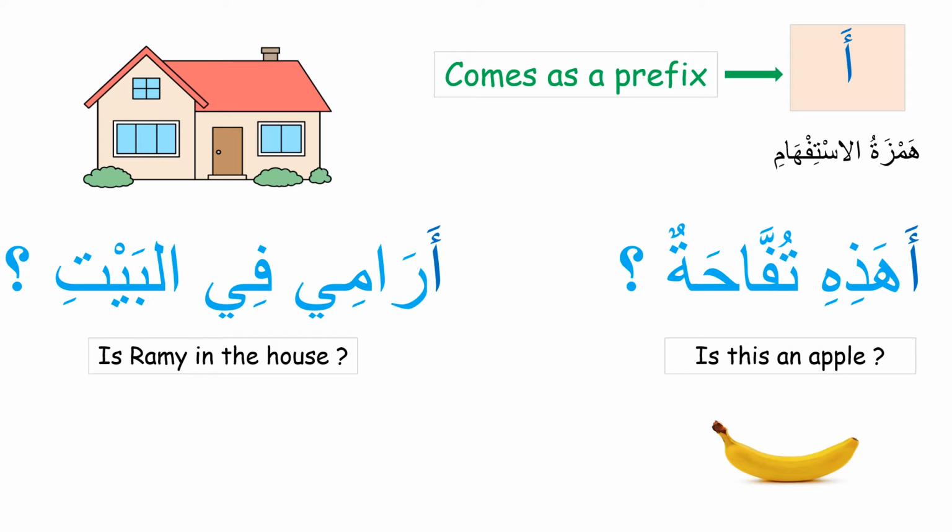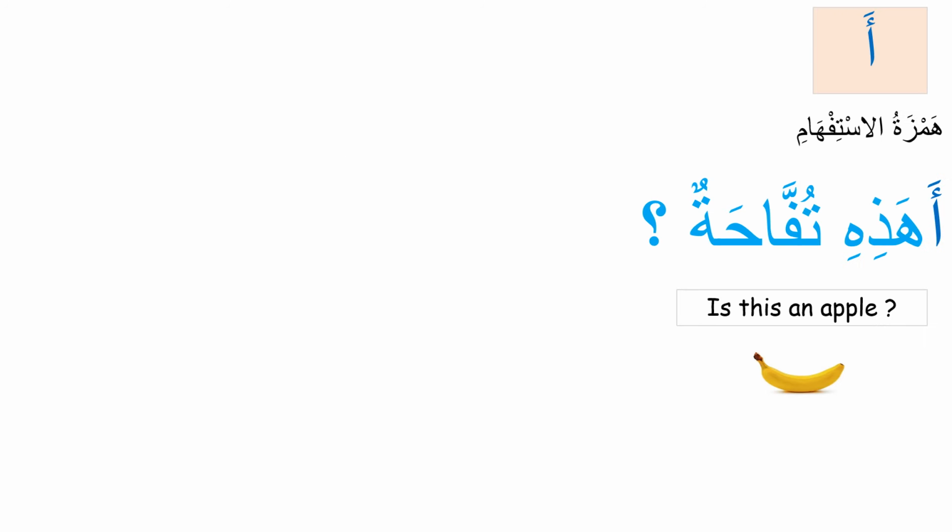Now, the answer to a question of this type, I mean أهذه تفاحة and أرامي في البيت, is either نعم if the answer is positive or let's say affirmative, or لا if your answer is negative. So نعم means yes and لا means no. Given that, all we have to do now is to answer the questions. As you can see, this is a banana.